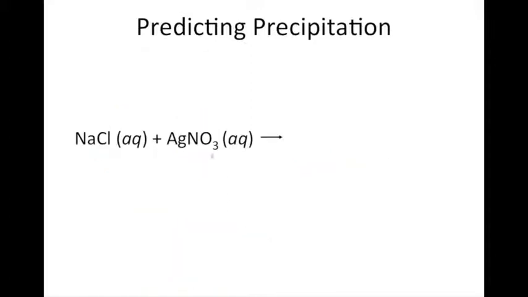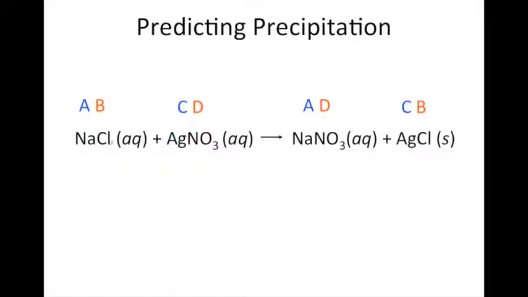So back to our example here, if we reacted sodium chloride with silver nitrate, we would end up essentially switching our anions, and we would get sodium nitrate, aqueous, and silver chloride. Now in this reaction, the sodium nitrate would be aqueous, and the silver chloride is the compound that may or may not precipitate out.